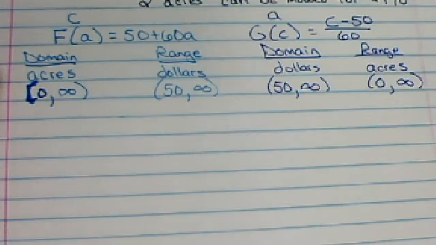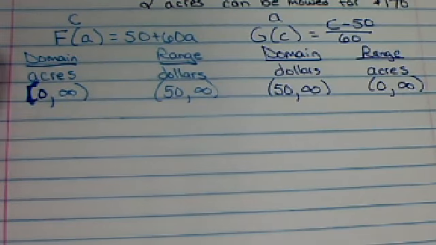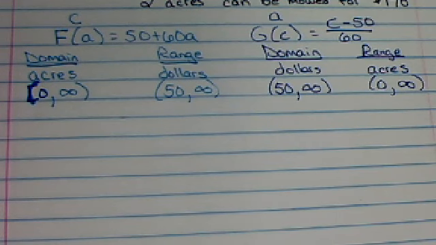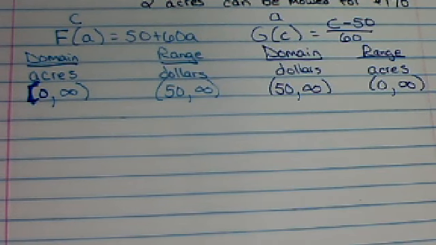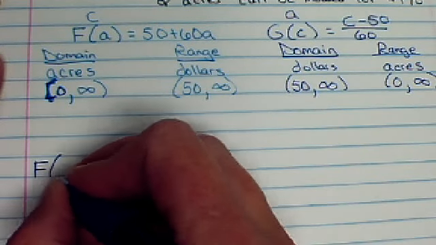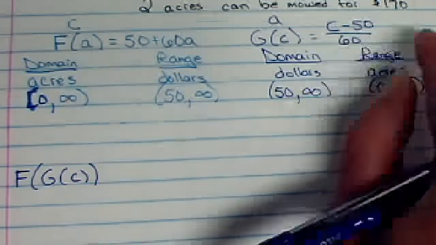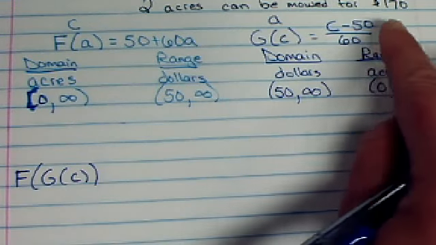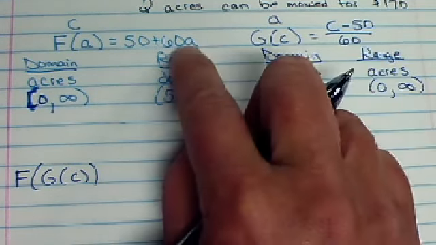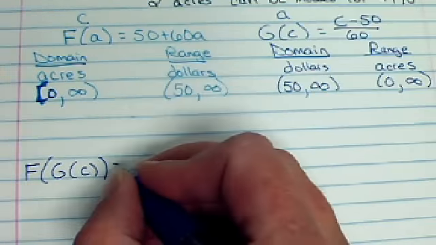Now, I want to do one more thing. If these truly are inverses, I can do a composite of them, and they should undo each other. In other words, let's try doing f of g of c. Take that function rule, and that is my new input in here. So I'm going to take that whole rule and plug it in for A here.